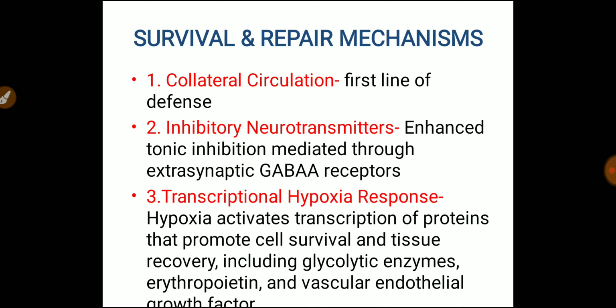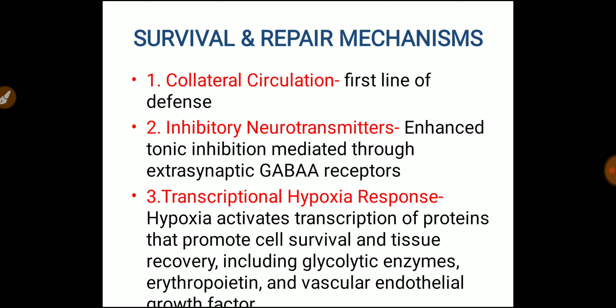Third is transcriptional hypoxic response, and always remember that whenever there is hypoxia in any cell, even outside the nervous system, there are proteins which are produced as a response to hypoxia.